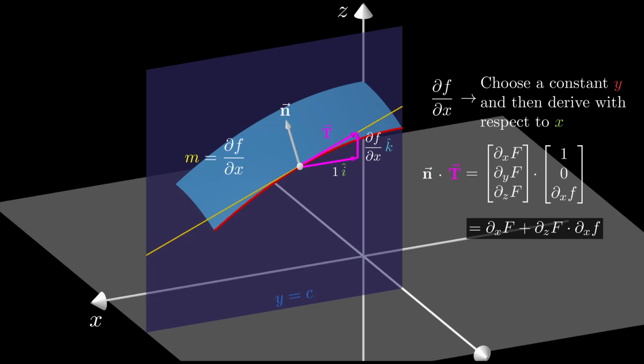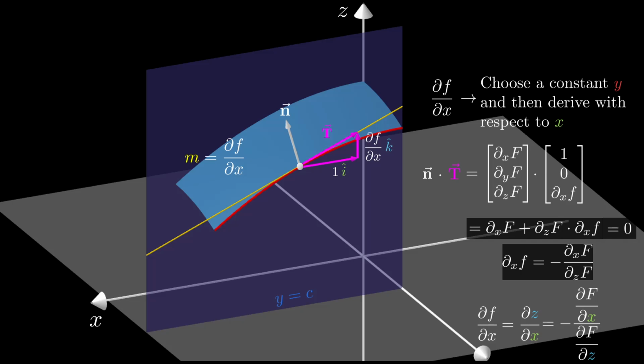By operating I get this, and again because t and n are perpendicular vectors, this has to be 0. So rearranging the expression, I find that the partial derivative of f with respect to x is equal to the negative of the partial derivative of big F with respect to x, divided by the partial derivative of big F with respect to z. And again, our mnemonic trick also works. So this is how it works.